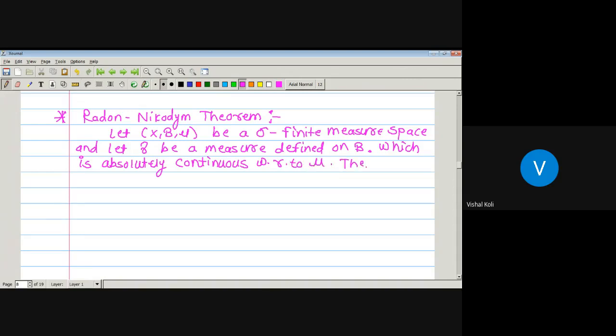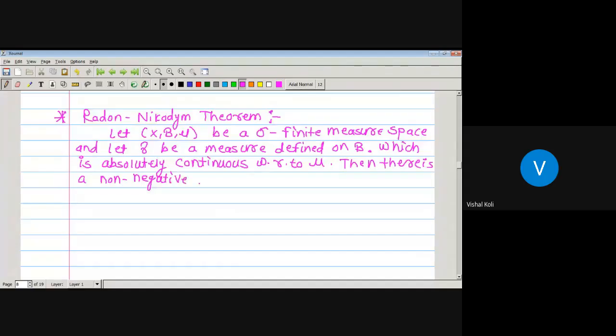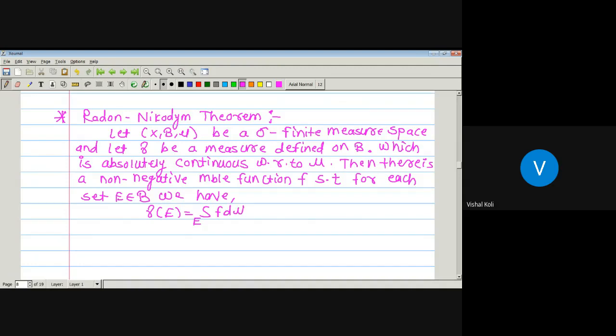Then there is a non-negative measurable function f such that for each set E belonging to curly B, we have gamma of E is equal to the integration over set E of f d mu.